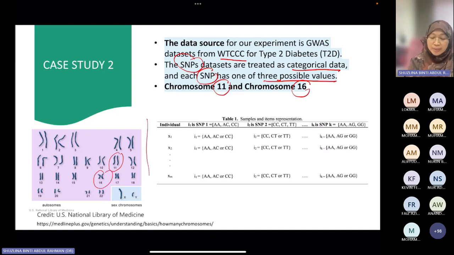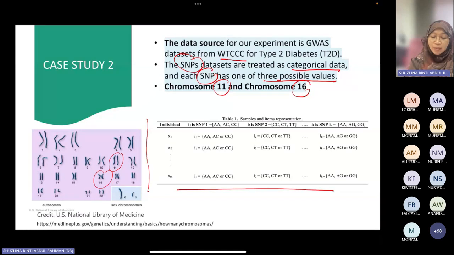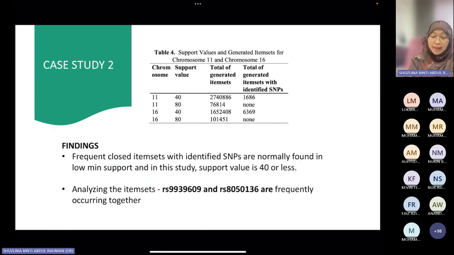So this is how we represent the item sets in terms of SNP, with the individuals as X1 until XM, and the combination of the genotypes and so on as shown here. I don't have to explain the details, but what we are trying to show is that we have to explore several values of the supports in discovering the interesting patterns.